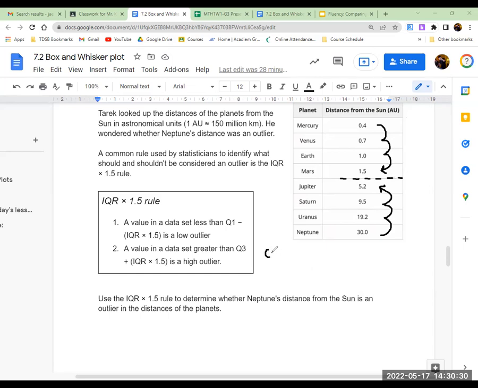Correct. So let's take it slow. 1.5 plus 5.2 divided by 2 is 6.7 divided by 2. That is 3.35.